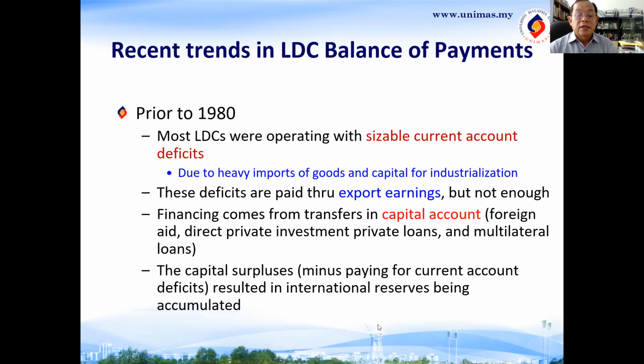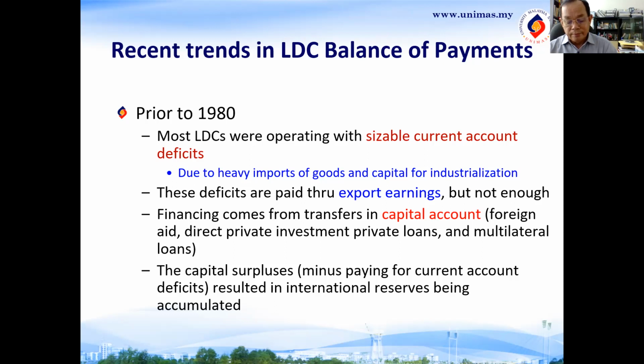So the capital surpluses ataupun modal yang berlebihan, after ditolak, minus paying for the current account deficits, will result in international reserve being accumulated. Accumulated. Okay.